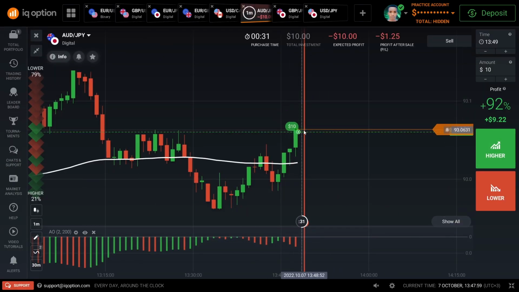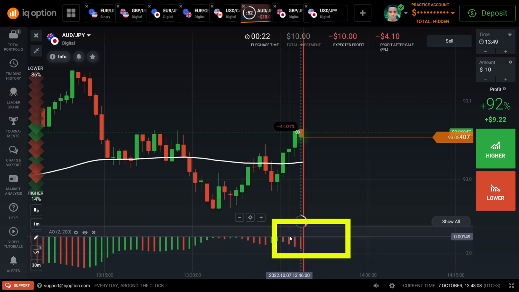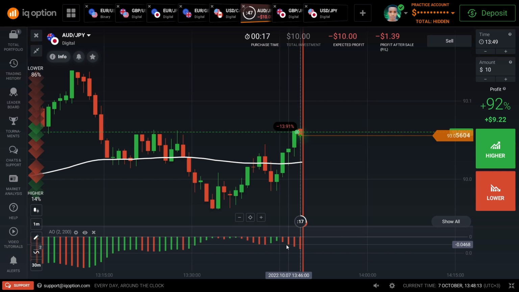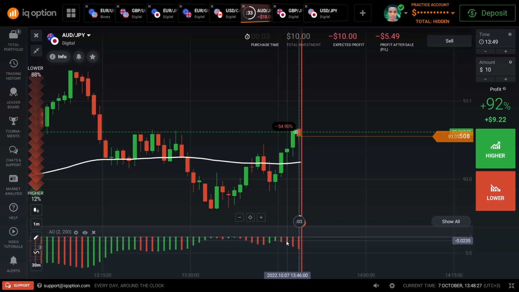Why I buy this trade is because price is above the moving average, exponential moving average, and Awesome Oscillator is printed below the middle line and is going down in ascending order. This is a clear opportunity for you. You are supposed to take your trade, and most of the time you will be profitable once you get in the market once the bars started to print in ascending order.